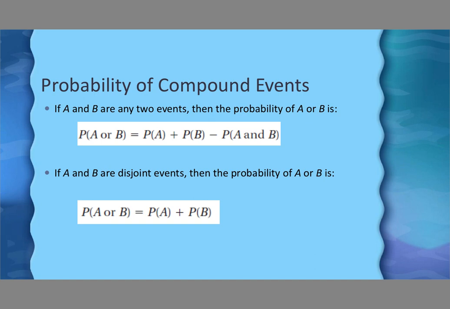All right, so the probability of compound events are found these ways.